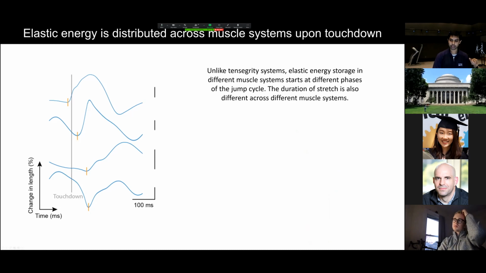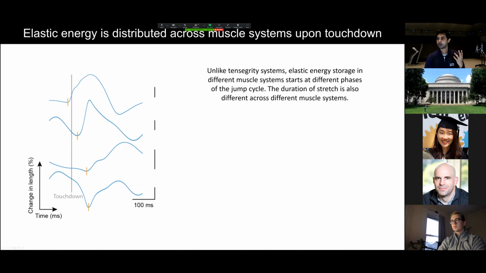So if you look at the X scale, the total time difference is like 100 milliseconds. To give you an intuition, the fastest I can jump is around 350 milliseconds per jump. And within just 100 milliseconds, all of these started storing elastic energy, and the storage took different amounts of time in different muscle systems.